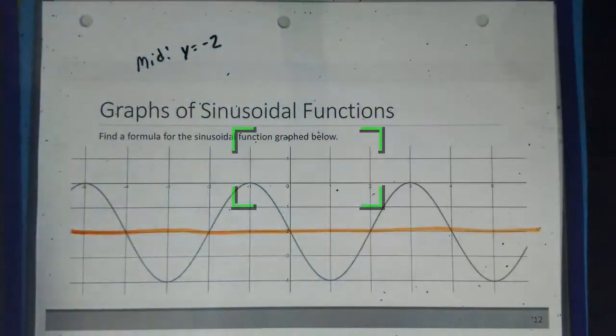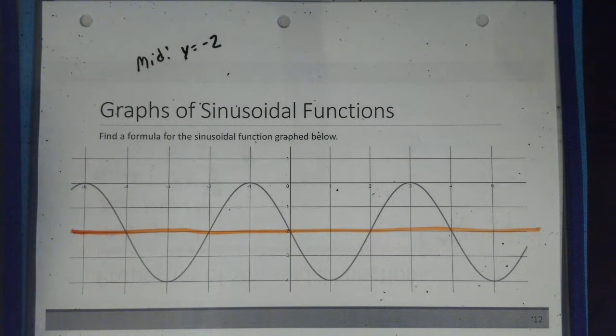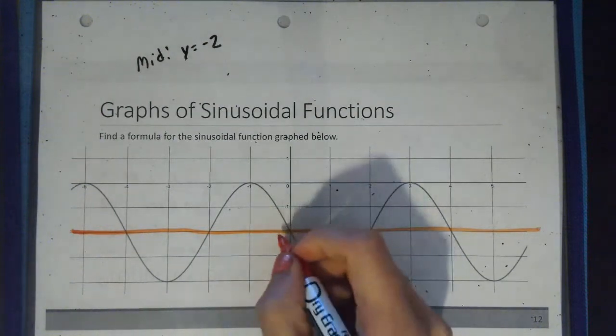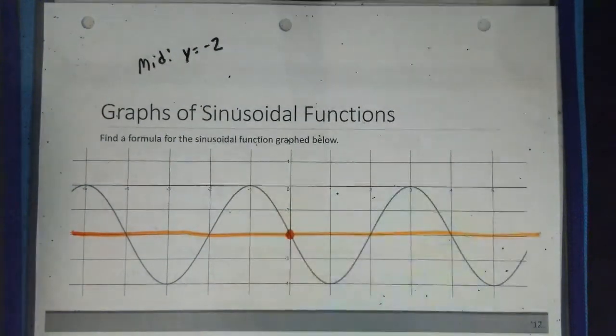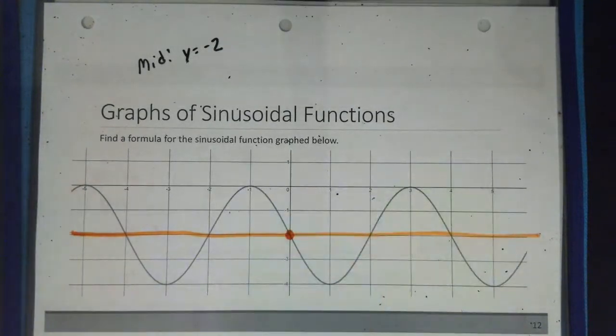Now I want to show you another Desmos picture because something we haven't talked about is, when we're looking at a graph, how do we know whether it is sine or cosine? Taking a look at this picture here, when we go through the y-axis, we are at a y value of the midline, but we're going downward. Let me show you this in Desmos.